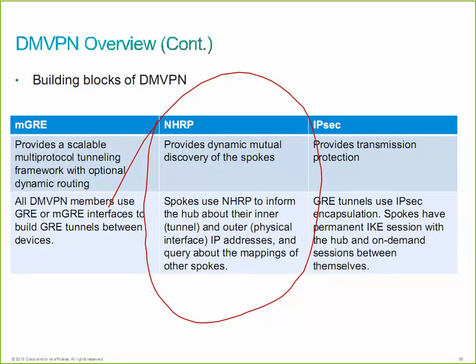So what happens is each spoke registers its public and internal tunnel address when it boots up, and it sends a query to the NHRP database for the addresses of the other spokes. This is really critical when I'm trying to establish spoke-to-spoke tunnels between each of the spokes. Remember, the spokes can have a dynamic physical IP address.